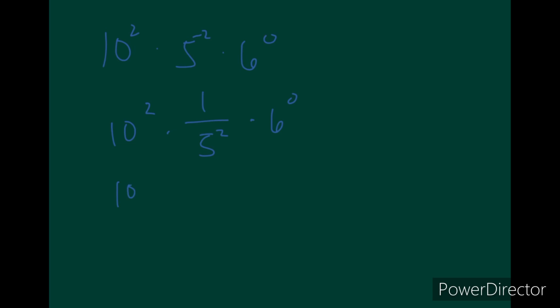Next, 10 squared is 100 times 1 over 5 squared, which is 25, then times, here you need to apply the zero exponent. Again, a non-zero real number raised to 0 is equal to 1. Then 100 times 1, so 100 over 25, which is equal to 4. So this is now the correct answer.